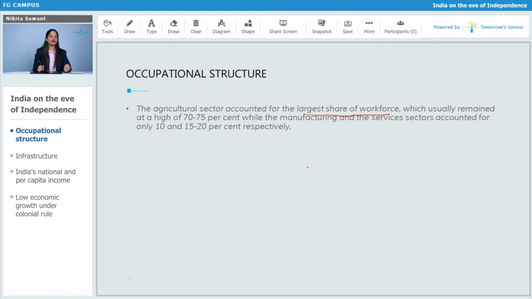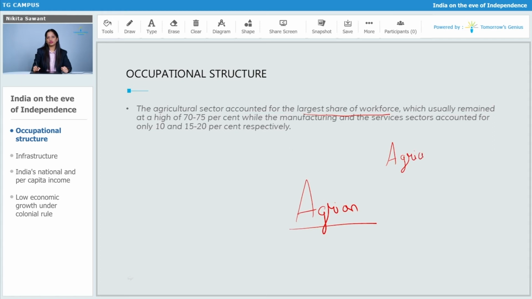Now when we talk about India, we still know that India is an agrarian economy. Agrarian economy means the people of India are dependent on agriculture as their occupation. So the agricultural sector accounted for the largest share of workforce, which usually remained high at 70 to 75%.